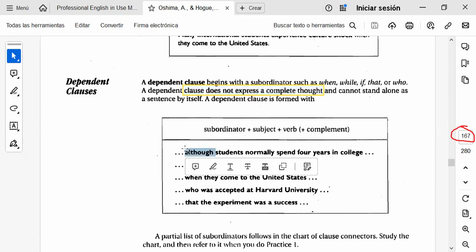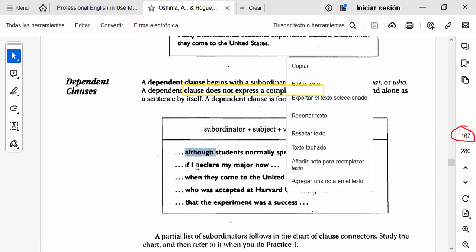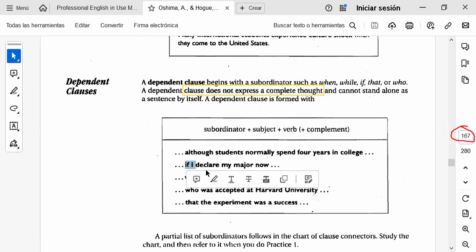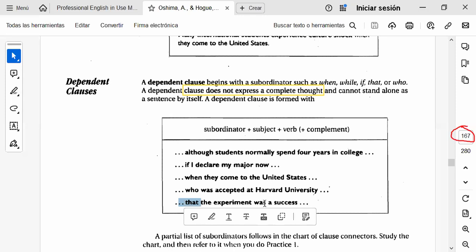Remember in the examples: although the students normally spend four years in college; if I declare my major now; when they come to the United States; who was accepted at our university; that experiment was a success.